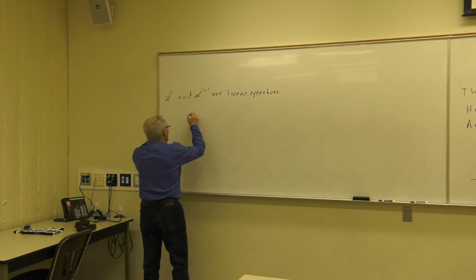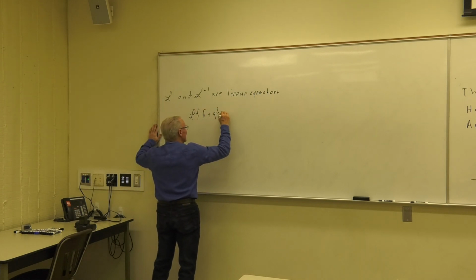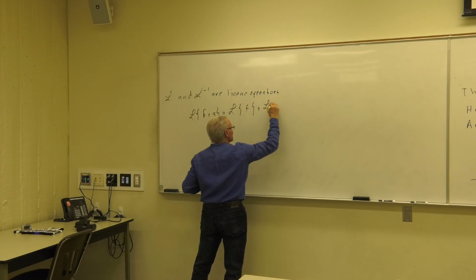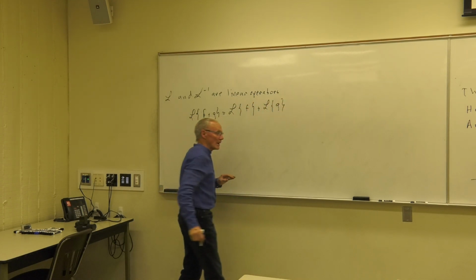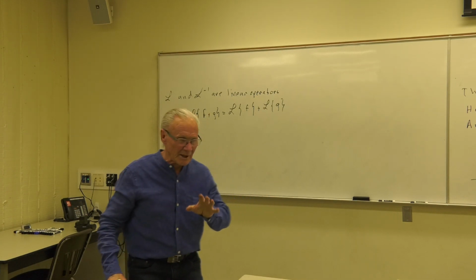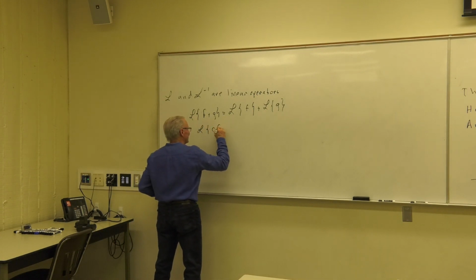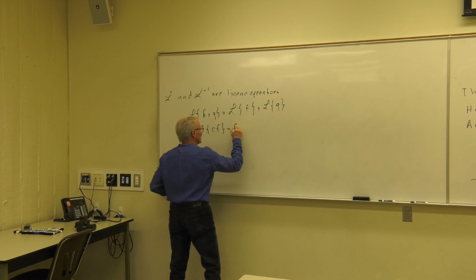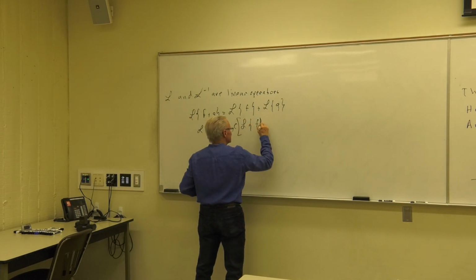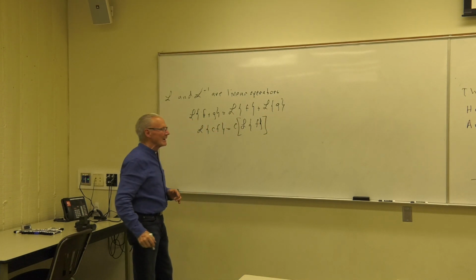It means that the Laplace transform of f plus g is equal to the Laplace transform of f plus the Laplace transform of g. Remember that linear operator stuff we talked about back in chapter 15? Same idea. And the Laplace transform of cf would be c times the Laplace transform of f. So that's what you would mean by the Laplace transform being linear.